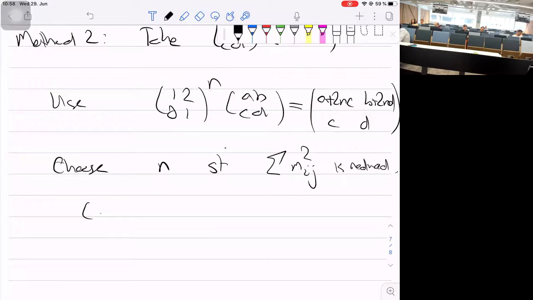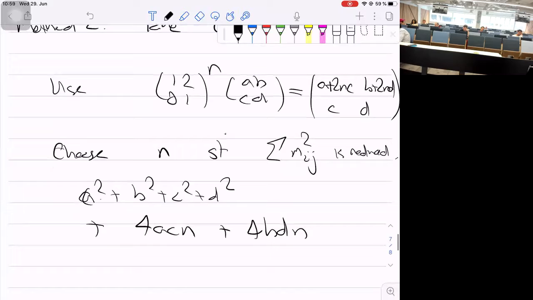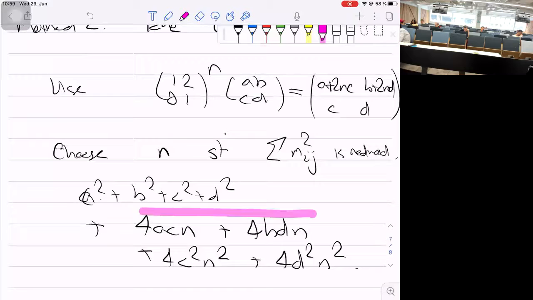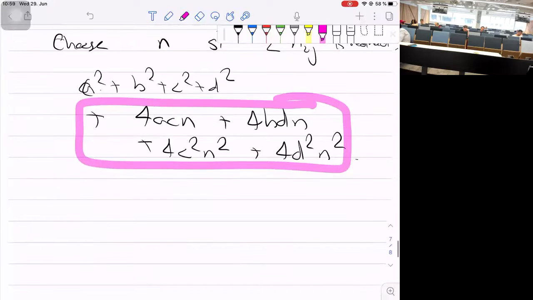So roughly the idea would be to look at the sum of the squares of the entries here. If you expand it all out, you should get something like a squared plus b squared plus c squared plus d squared, plus a bit that has a factor of n: something like 4acn plus 4bdn, plus 4c squared n squared plus 4b squared n squared. And this bit is now some quadratic polynomial in n.